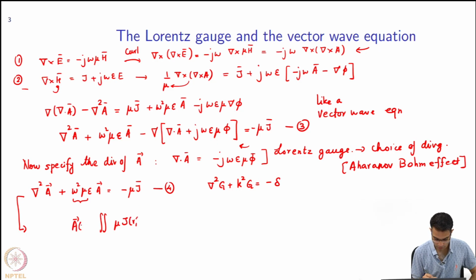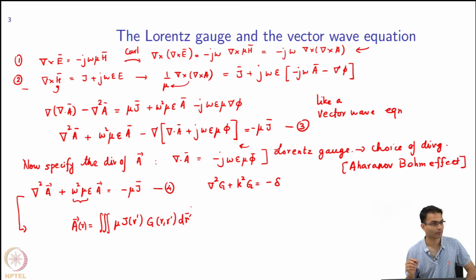A of r is equal to the integral of mu J of r prime times G of r minus r prime, d r prime, a vector. In general, in 3D, if the problem is 1D, 2D, 3D, that many integrals is what you will have, right.